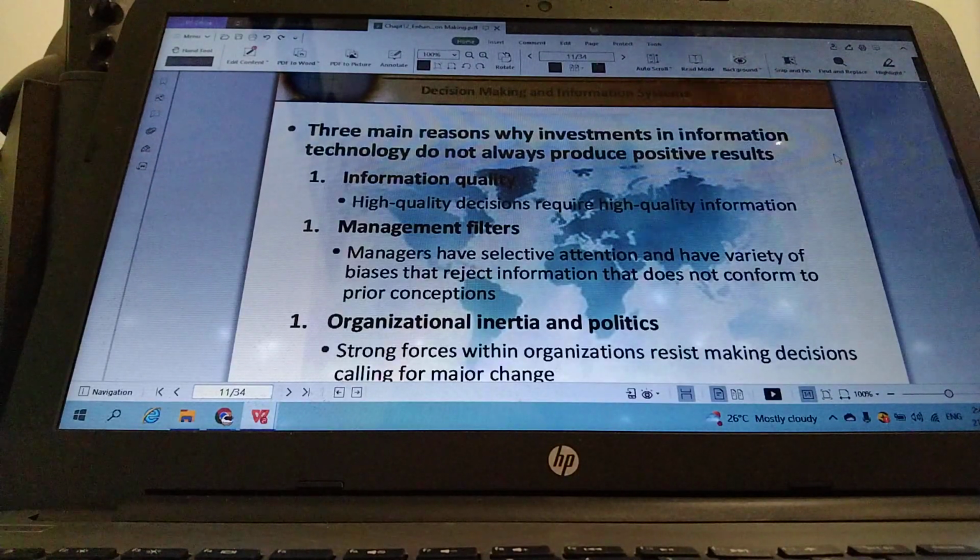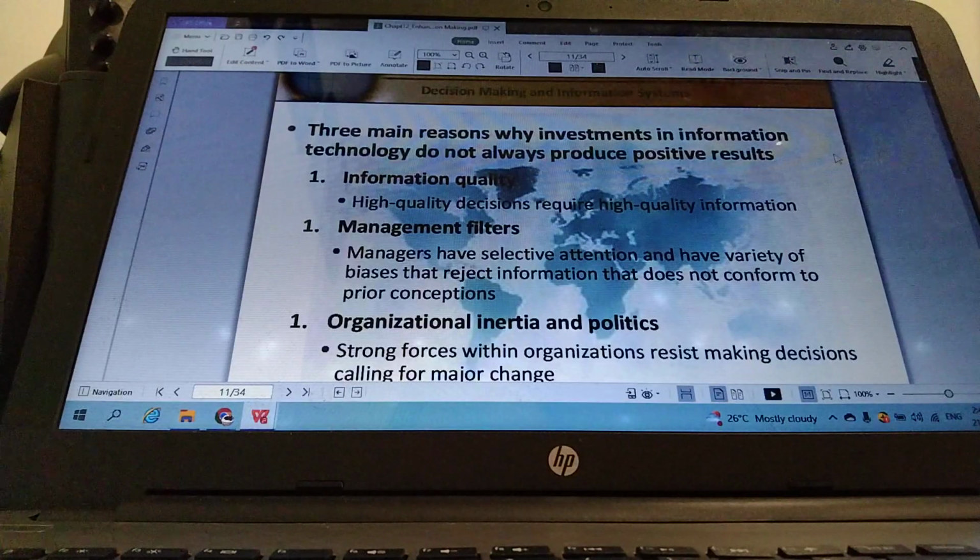So the three main reasons are such as: one, due to the information quality. High quality decisions require high quality information. So if the system lacks knowledge, facts, or required data or information, for sure the system will not be able to make what we call high quality decisions. So definitely it will be better if the senior managers or the middle managers are involved in the decision making.